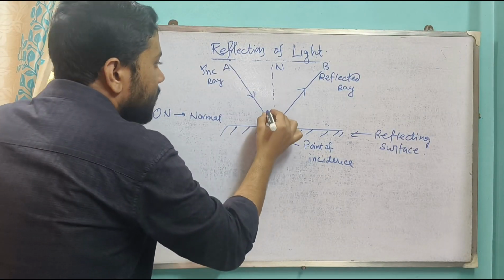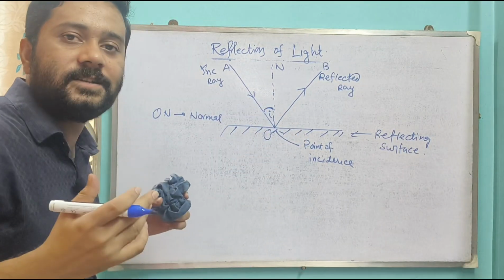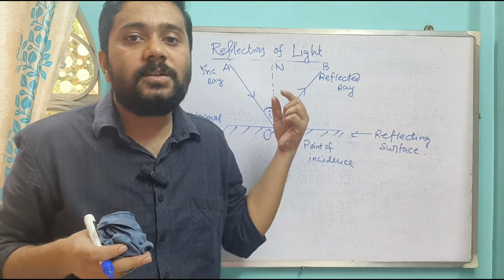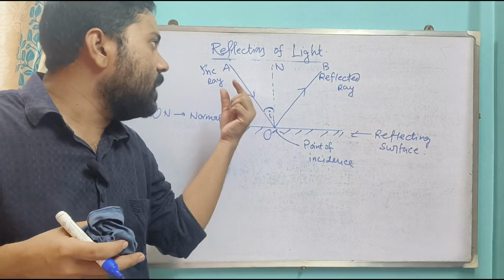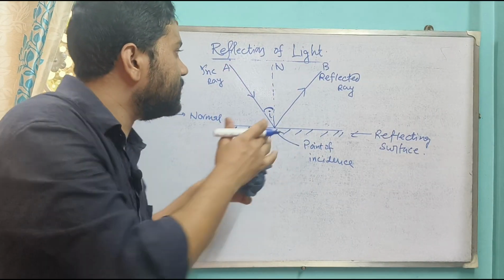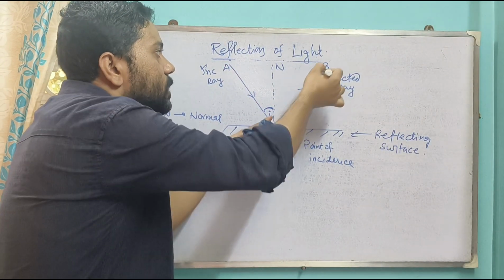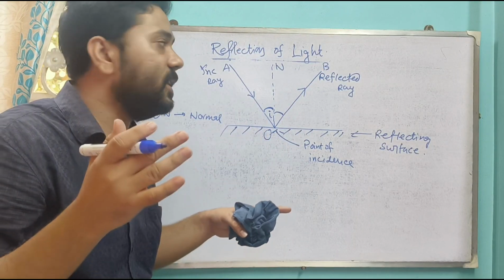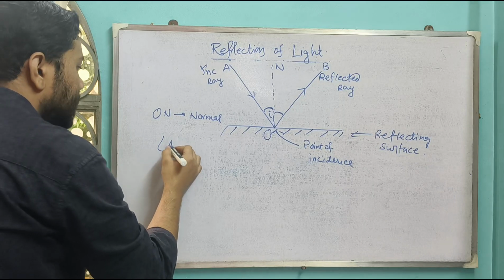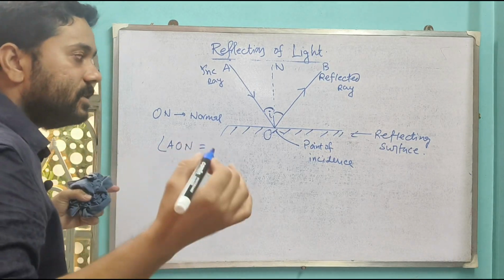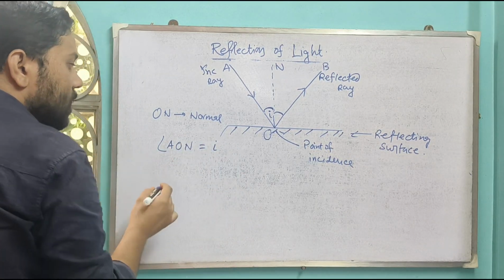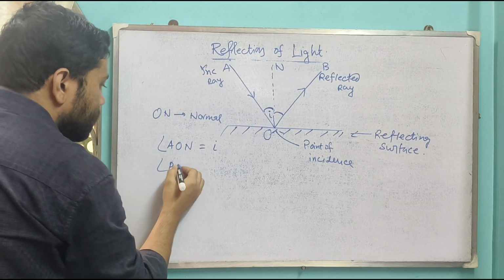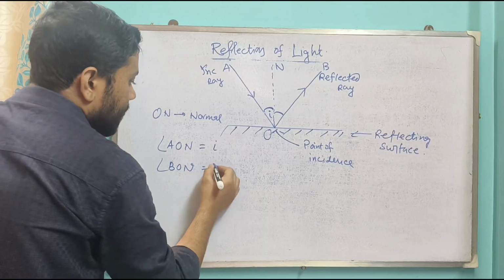This angle is called the angle of incidence, represented by the letter I. Similarly, the reflected ray OB makes an angle with the normal, angle BON, and this is the angle of reflection.